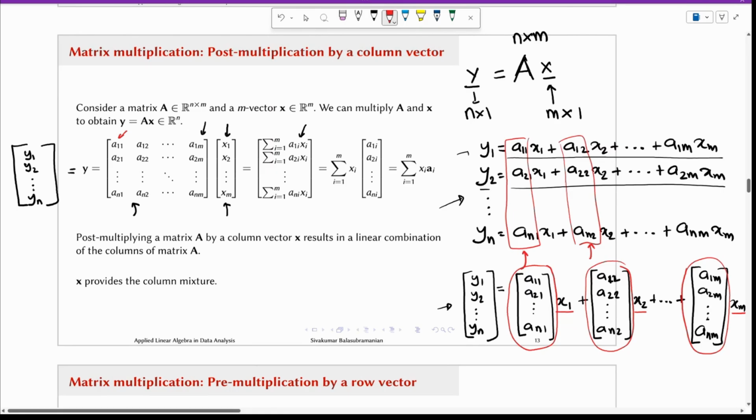You have to get this, because a lot of what we'll talk about later depends on your understanding of matrix multiplication like this.